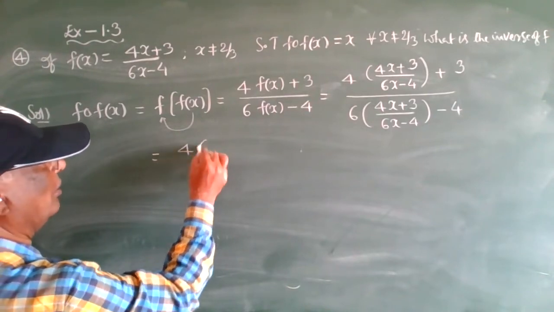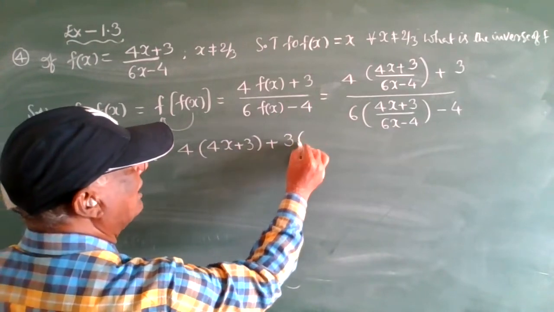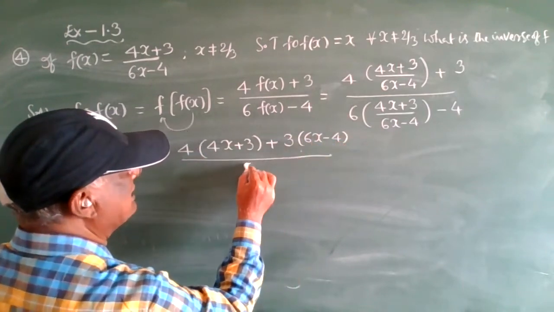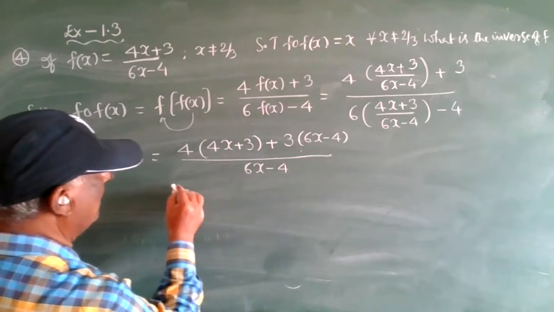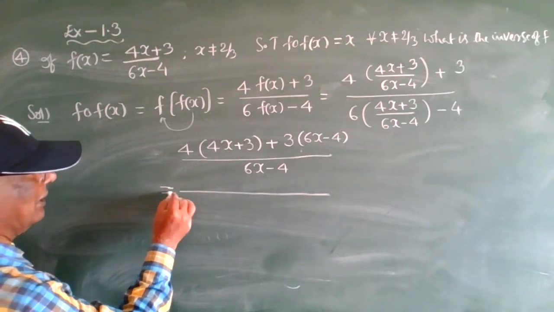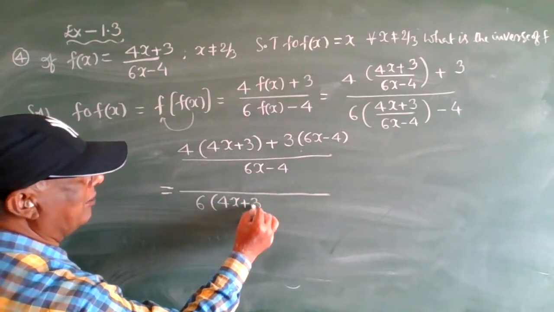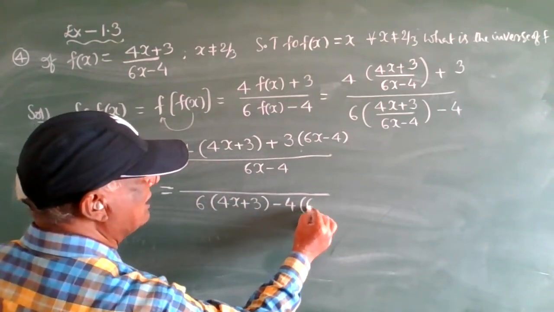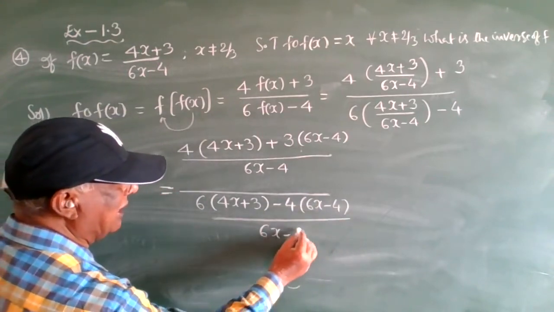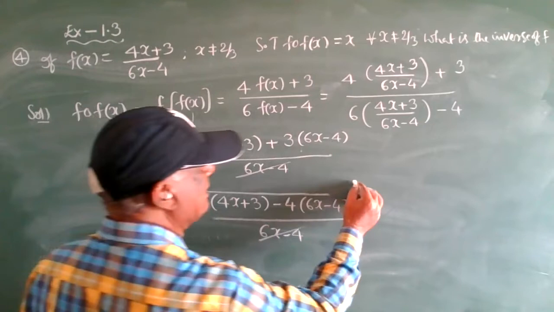So 4 into 4x plus 3 plus 3 into 6x minus 4 upon LCM 6x minus 4, divided by 6 into 4x plus 3 minus 4 into 6x minus 4 upon LCM 6x minus 4. These two are cancelled. All right, simplify.